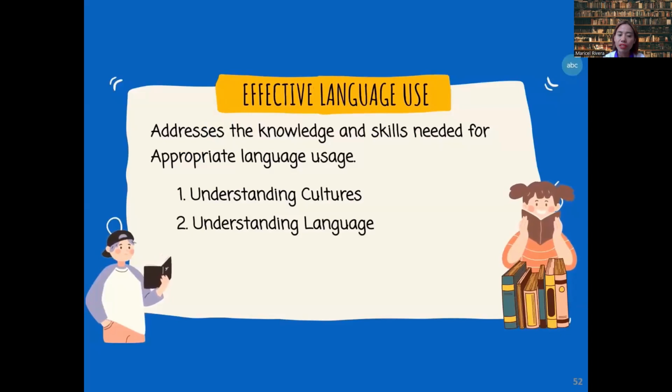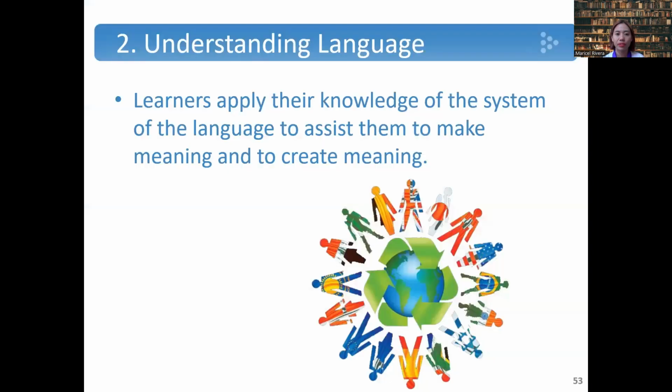Understanding language. Now, learners utilize their knowledge of the language system to create sense and produce meaning. When they engage with a range of texts to make sense, kids learn to comprehend the patterns and rules of the language. They use their knowledge and skills by developing their own spoken, written, and visual communications. That's understanding language.